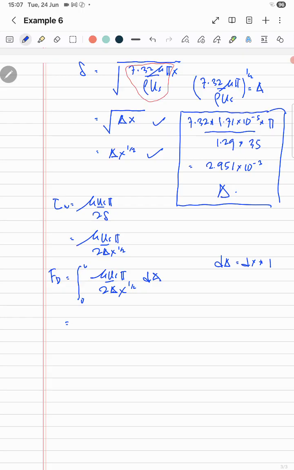So this we can also write as the integral from 0 to L of mu us pi over 2 a x to the power of 1 over 2, dx. So that we have the function of x and dx, so we can integrate that.